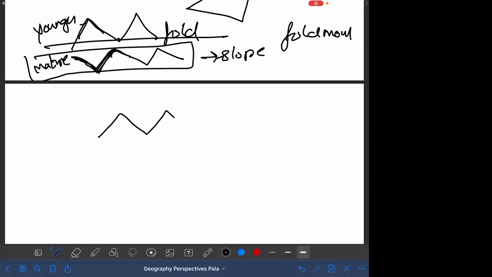There is this hill, the fold mountain. It's normally like this. And as erosion happens, erosion would be higher in this part because there is more elevation, so more weathering and erosion take place here.